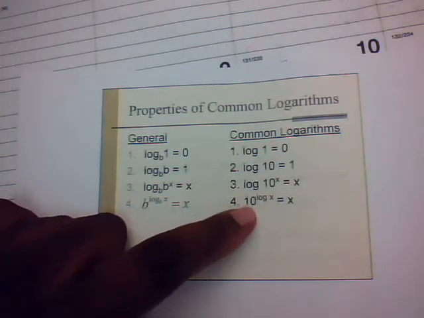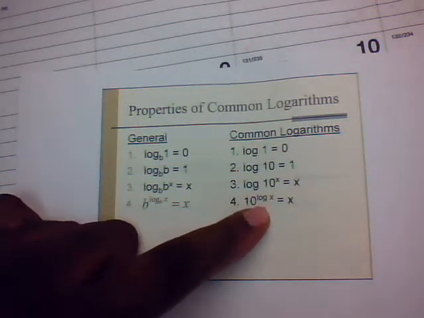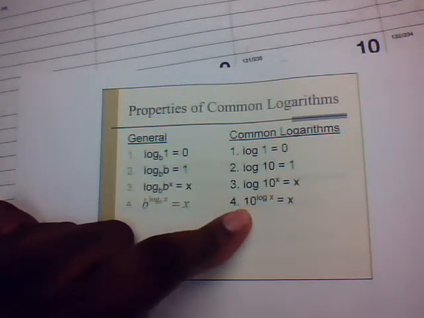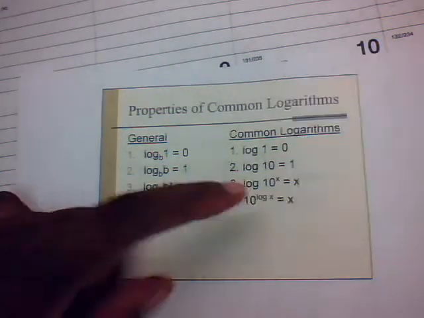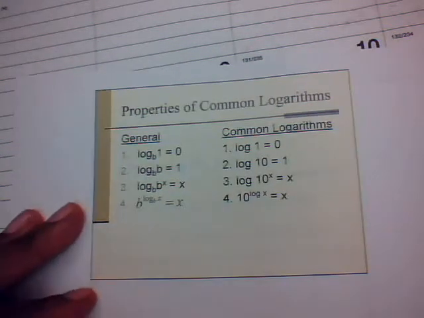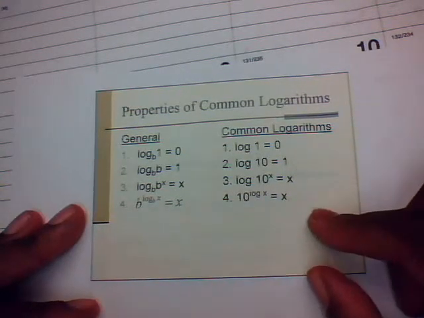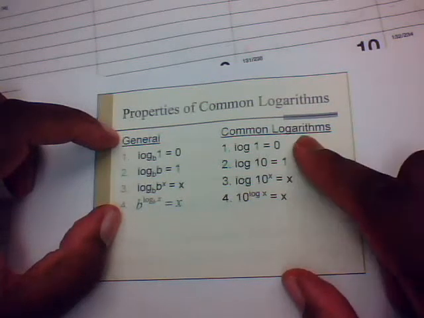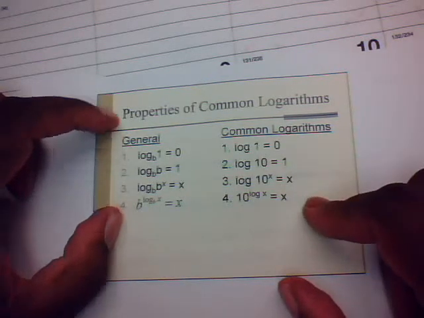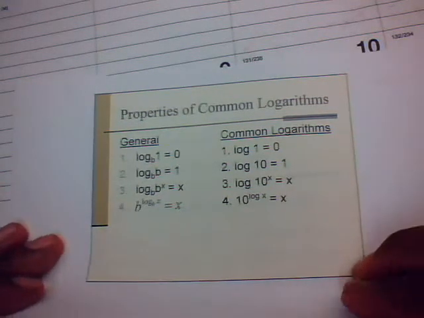And then this one, 10 to the log of x, is going to be x. So pretty much 10 and log to the base 10 are inverses. You can say they cancel, which will be x. Okay? So these are just pretty much a precursor of the general properties of logarithms. You can see they're pretty much the same, but here we're just using common logarithms.